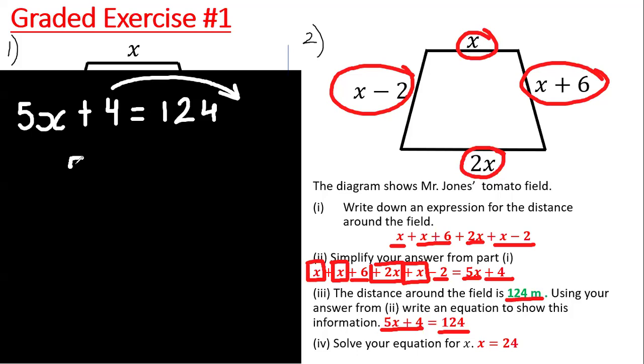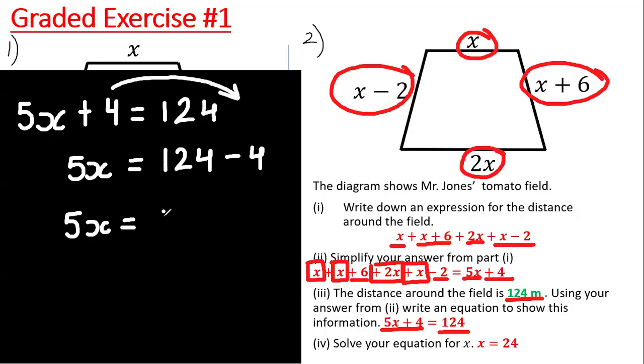So we have 5x is equal to 124, and we have the positive sign here. When we send it over, it becomes a negative. So 5x is equal to what? 120. Very good.